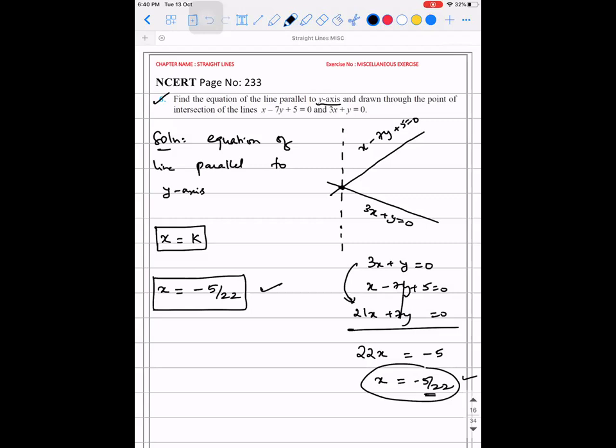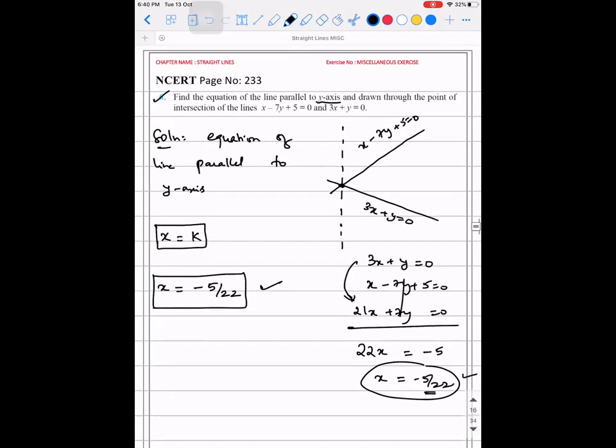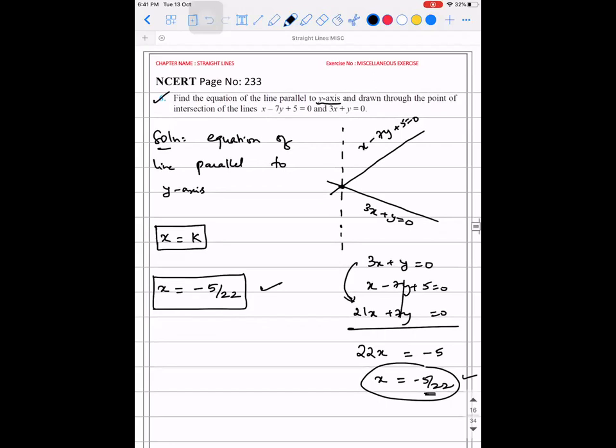K square, I didn't get you. Which one you're telling? Sixth one. Sorry, it's given minus 5 by 22, sir. Yeah, it's correct. Okay, so we'll go to the next problem.